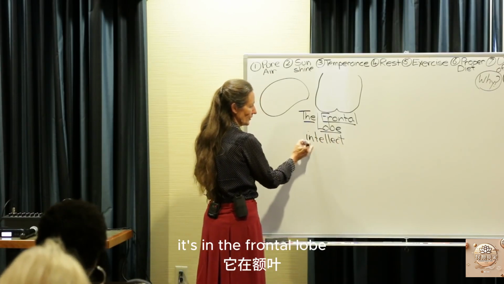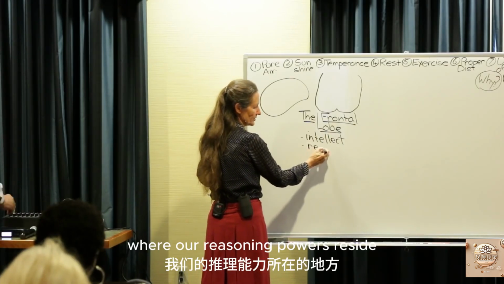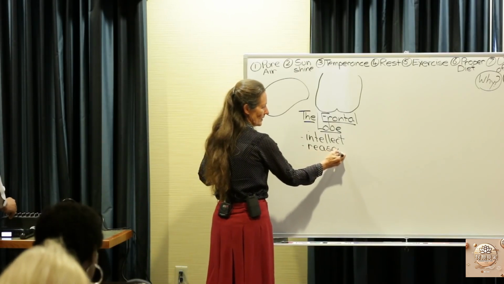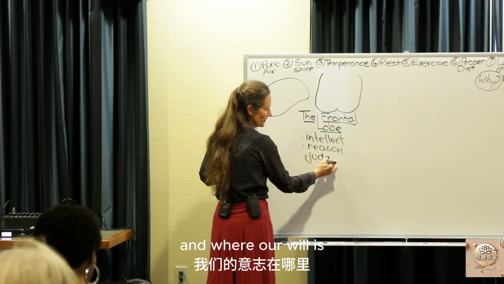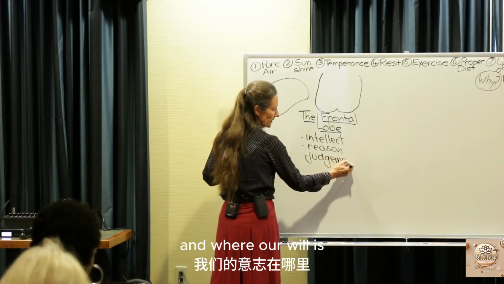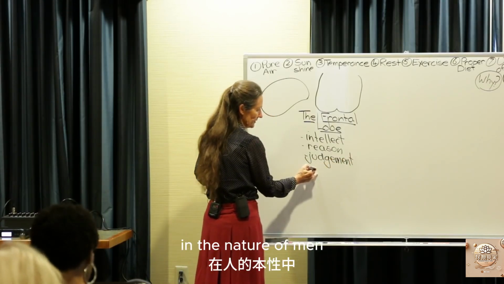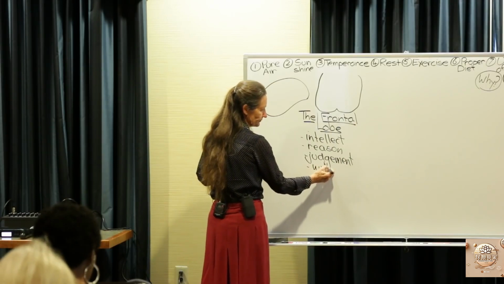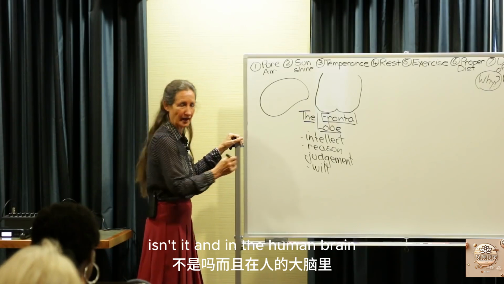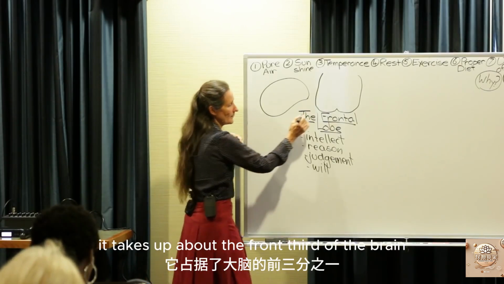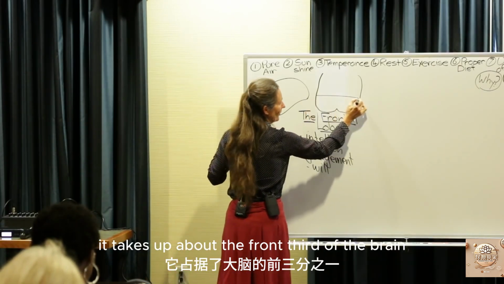It's in the frontal lobe where our reasoning powers reside, where judgment takes place, and where our will is. And the will is the governing power in the nature of man. So it's a pretty important part of the brain, isn't it? And in the human brain, it takes up about the front third of the brain.